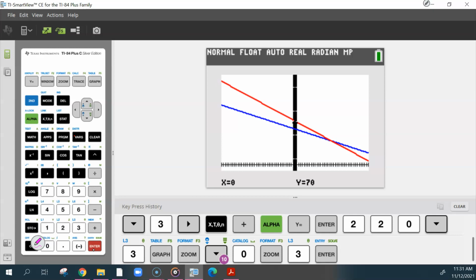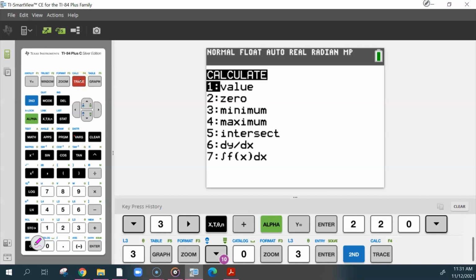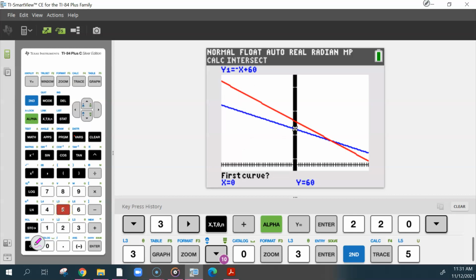And then to find the intersection point, you're going to go into your Calc menu, second trace, and hit intersect, because we need to find that point. It's going to ask for the first curve. Your cursor should be on one of those. It is, so I can hit enter. And then it'll ask for the second curve, and your cursor should be on the second line.